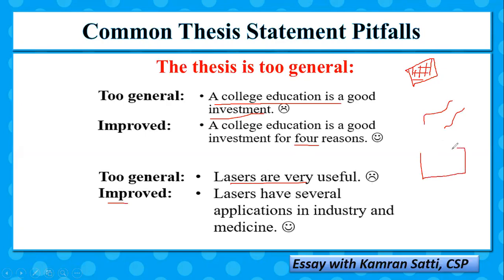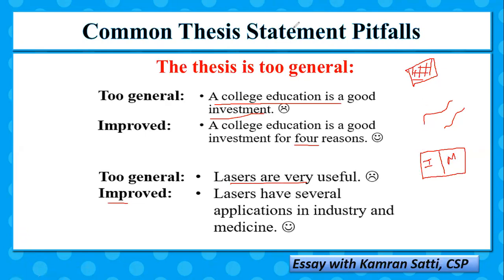The examiner will know that the student will be discussing industrial applications of laser technology and its applications in the field of medicine. So the student has given the examiner the scope of his essay, the main crux, or you can say the fulcrum around which his essay would rotate.